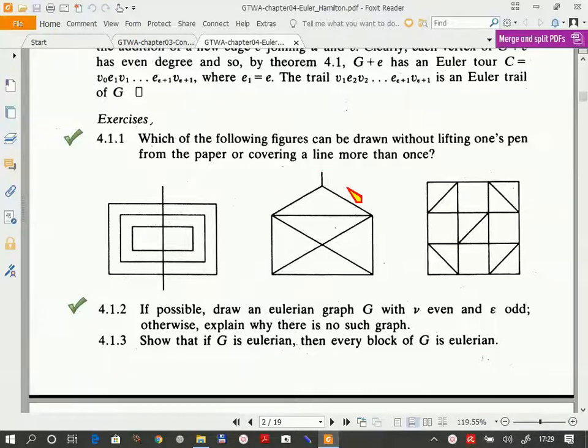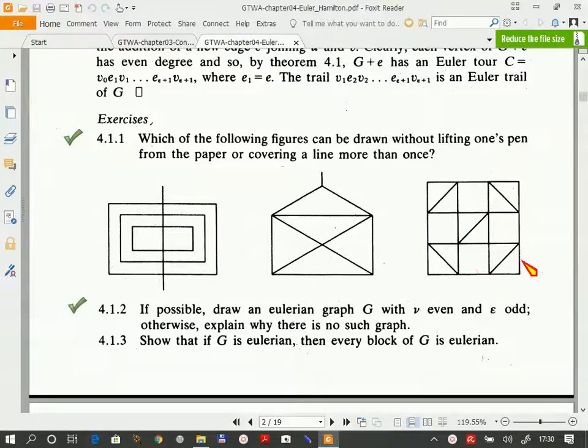If you just delete this edge here, then you're left with just 2 vertices of odd degree, this and this, and then again you have an Euler trail starting from here and ending here, or conversely. Well, what about here? Again, you just have to check the degrees, and you find here a degree 5, here a degree 5.